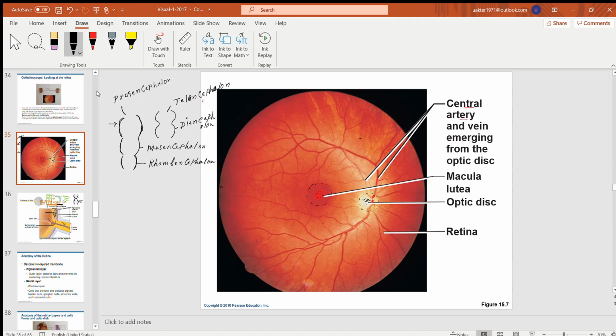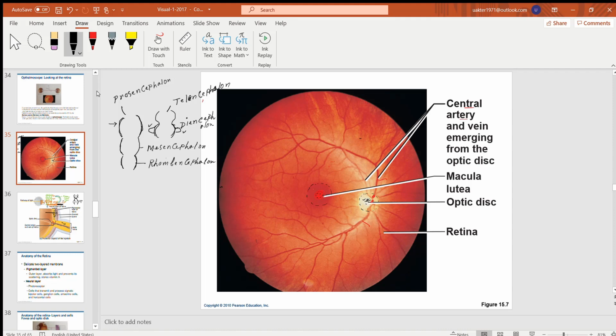Make sense? And the diencephalon forms two small vesicles like this, and these two vesicles actually form the retina.